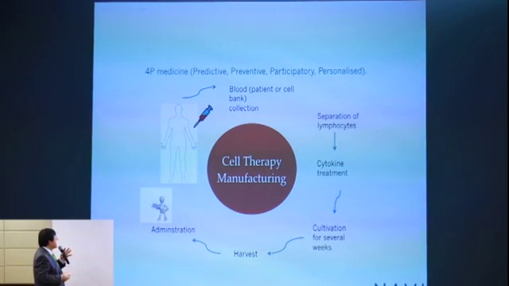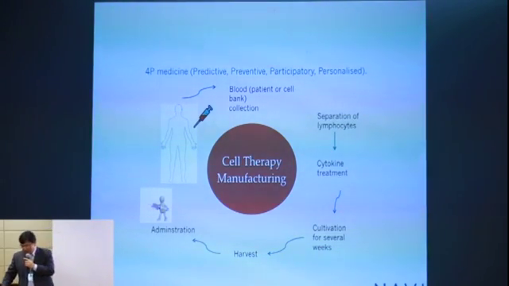We inject the cells back into the patient. So cell therapy manufacturing plays the key role in 4P medicine, and 4P medicine will be the chance of future medicine. So cell therapy will be a trend in future medicine.